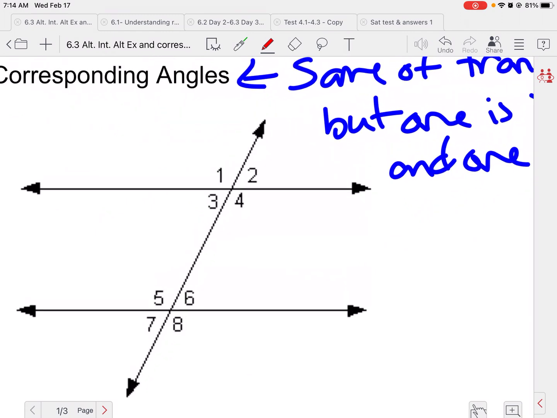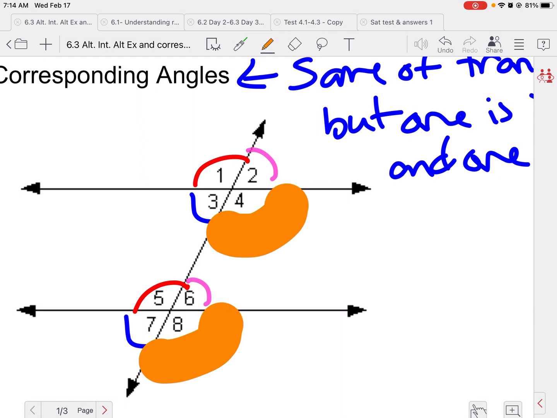Angle 1 and angle 5 are corresponding. Angle 3 and angle 7 are corresponding because, again, they're on the same side of the transversal, but one is exterior and one is interior. This is the one students tend to have the hardest time with. 2 and 6 are corresponding, and then 4 and 8 are corresponding.